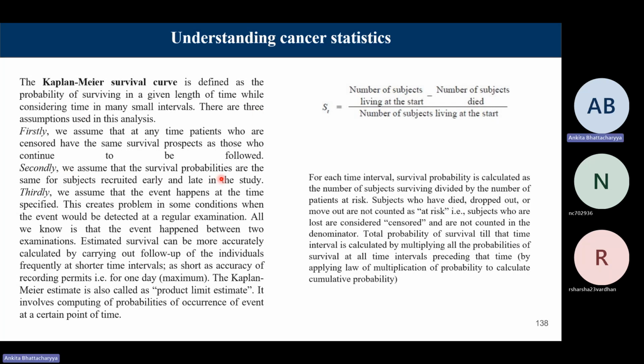Secondly, it is assumed that survival probability is the same for individuals who were recruited early and late in the study, which means that the institute or medical organization conducting the study has made no changes. Somebody enrolled in January versus somebody enrolled in March would receive the same parameters of the treatment.